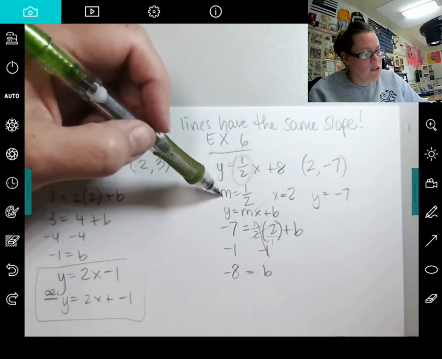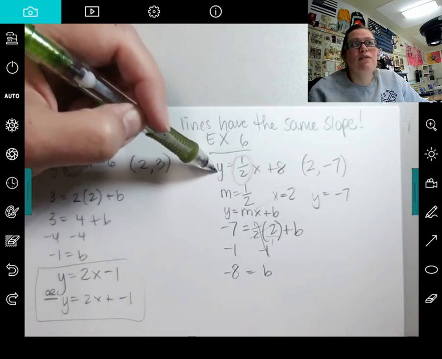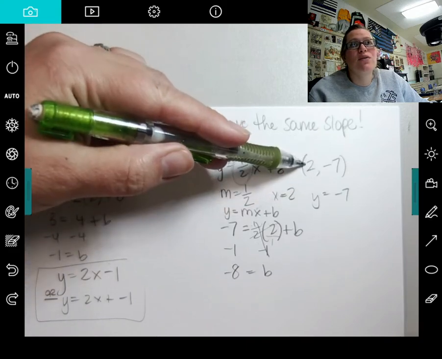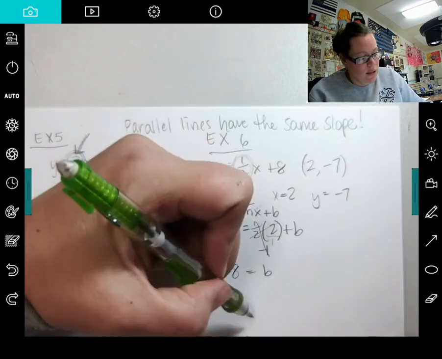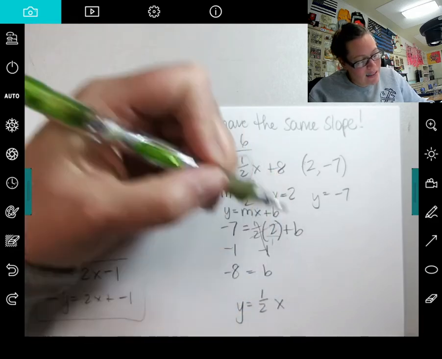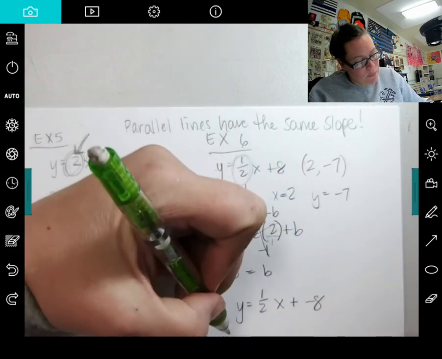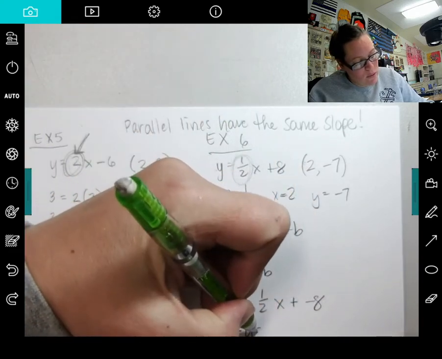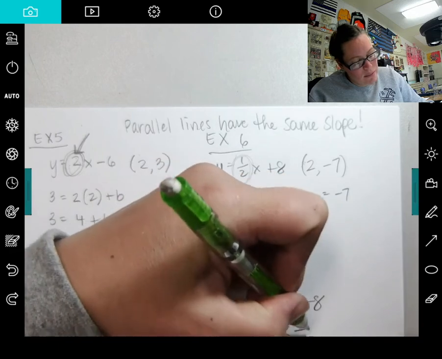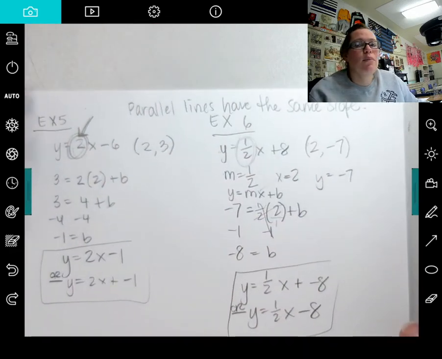So the equation for a line parallel to y equals 1/2 x plus 8 that passes through the point 2, -7 would be y equals 1/2 x plus -8, or y equals 1/2 x minus 8. Whichever way you write it, they're both correct.